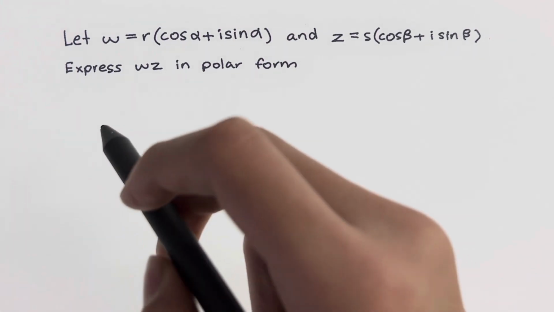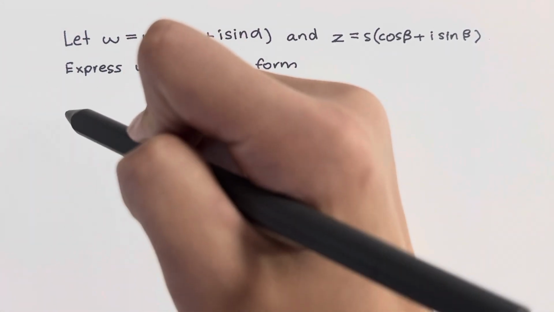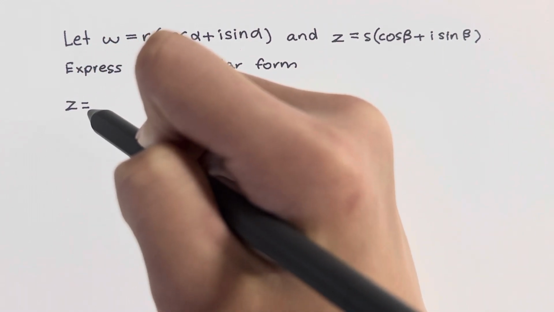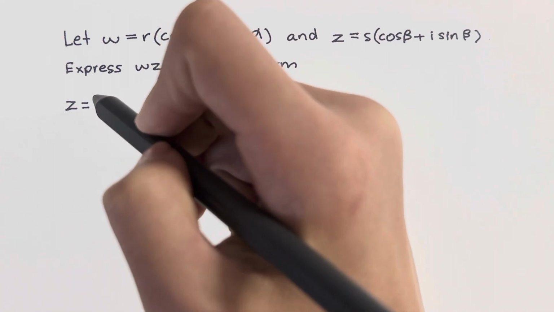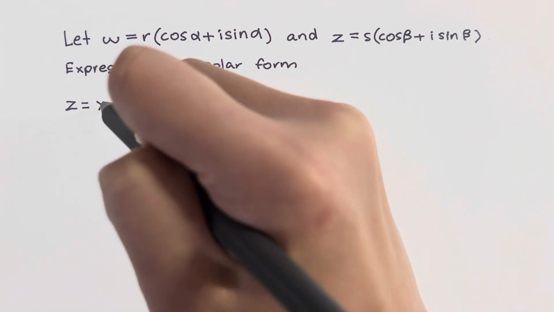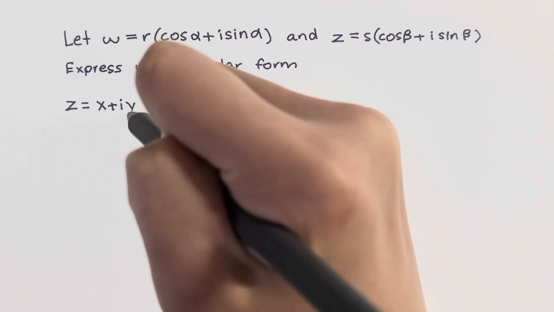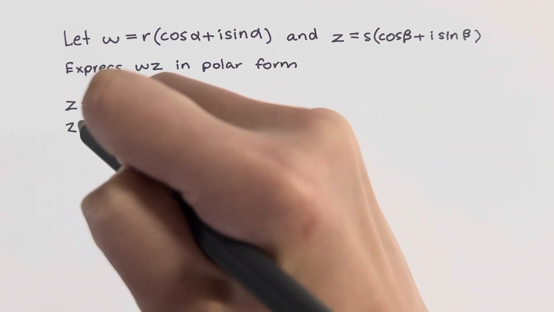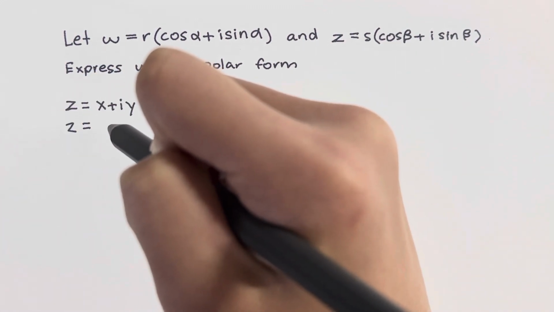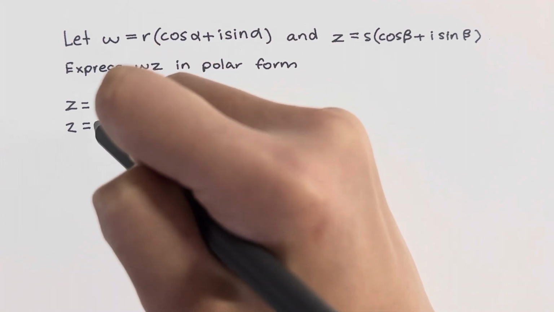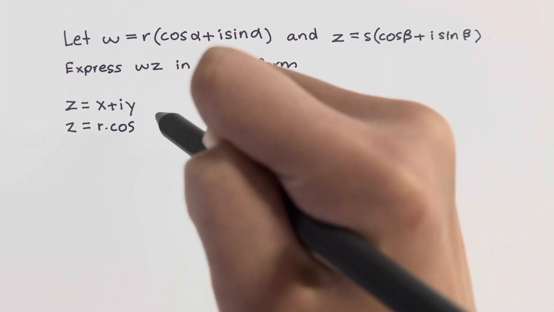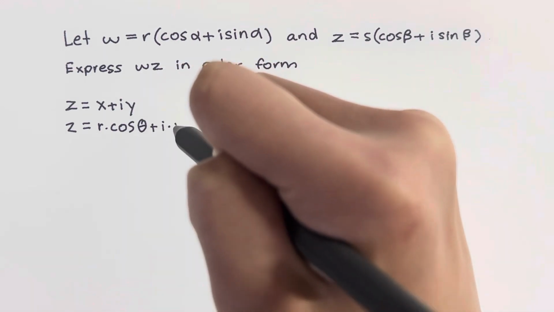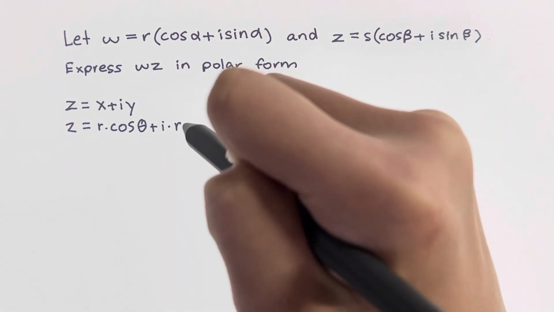If you have a complex number z equals x plus iy, then the polar form of z will be r times cosine theta plus i times r times sine theta.